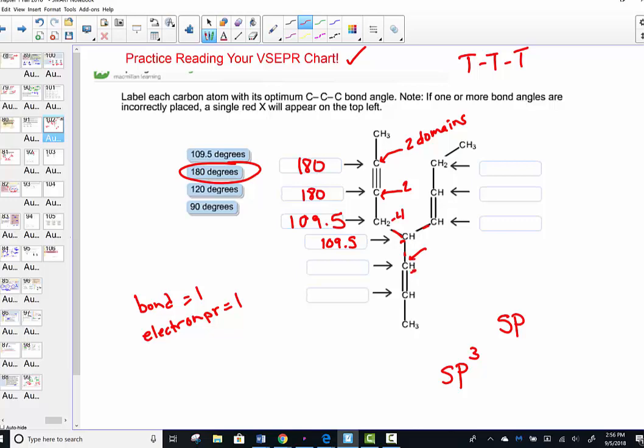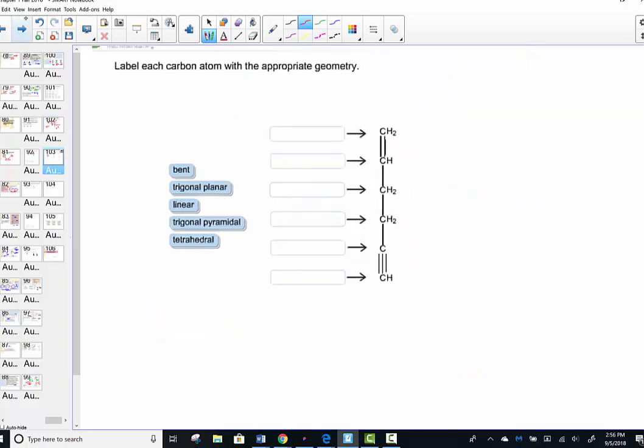Carbon's bonded to hydrogen, there's 1 domain. Carbon bonded to the other carbon, 2 domains, and a double bond still represents 1 domain. 3 domains is sp2 hybridized, trigonal planar. Therefore, we know it's 120 degrees, and so forth. This really is the same exact practice reading your VSEPR chart.